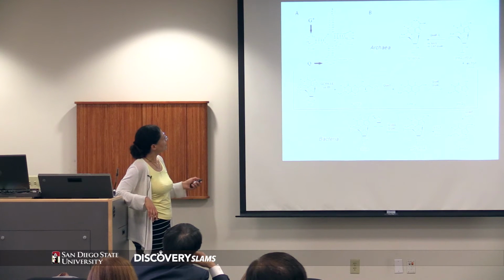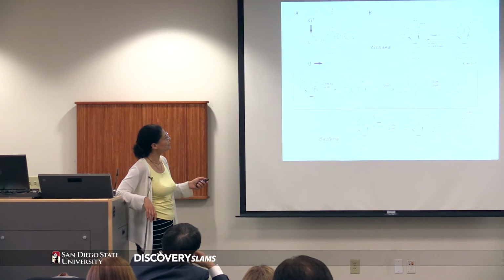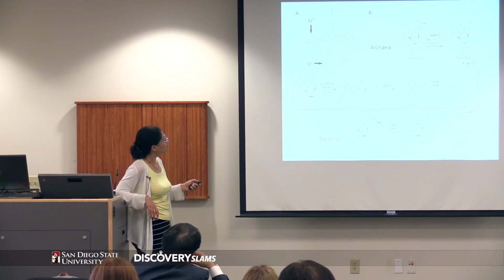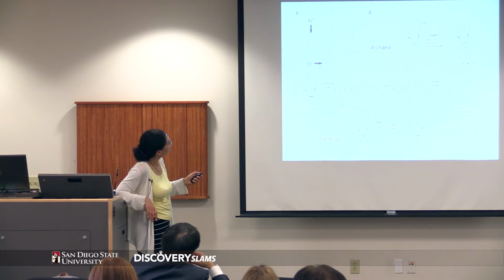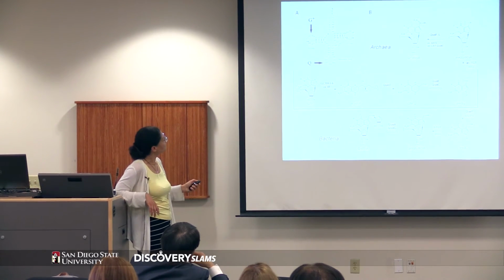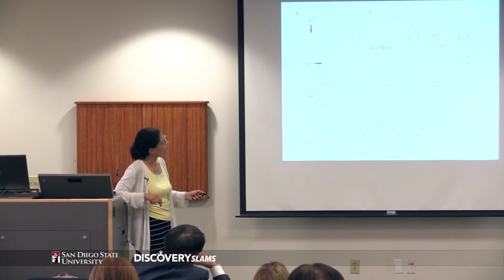For example, this is a pathway that we have focused on for the past 5 years. It's a pathway for the biosynthesis of the modification queuosine, which is this one here. In bacteria and archaea, which is the third domain of life, they all get biosynthesized using a common pathway, and then it splits.